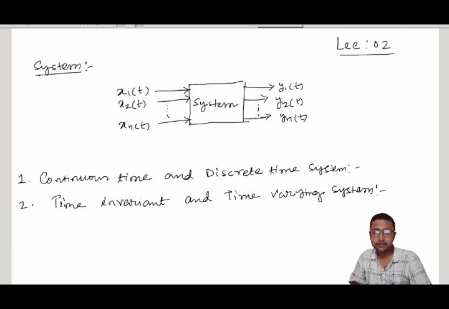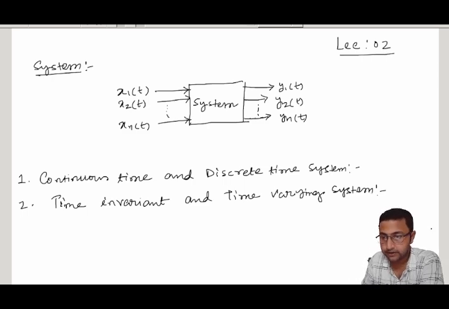A system is said to be time invariant, or a fixed system, if the behavior and the characteristics of the system do not change with respect to time. Otherwise, the system is called time varying. That means the system completely depends on time. Its behavior is changeable with respect to time. So this is called the time varying system.